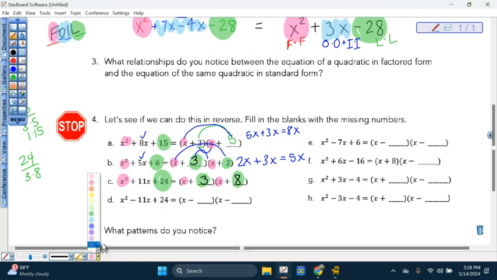So in part D, again, I'm looking for numbers that are going to multiply together to get 24, but add together to get negative 11. What changes about D from C? So then what changes about your factors?